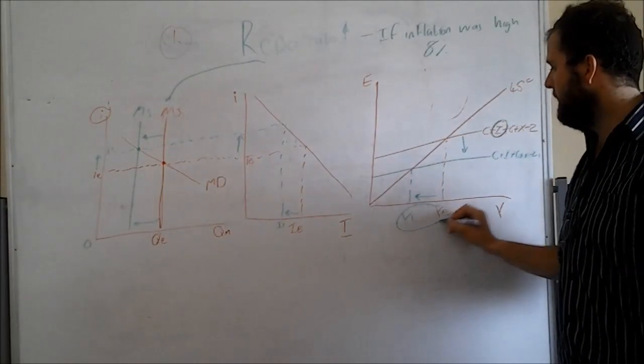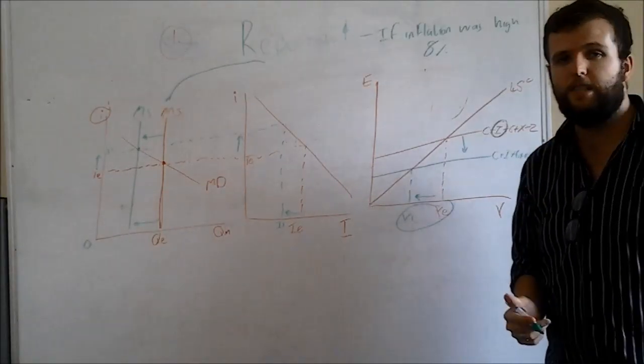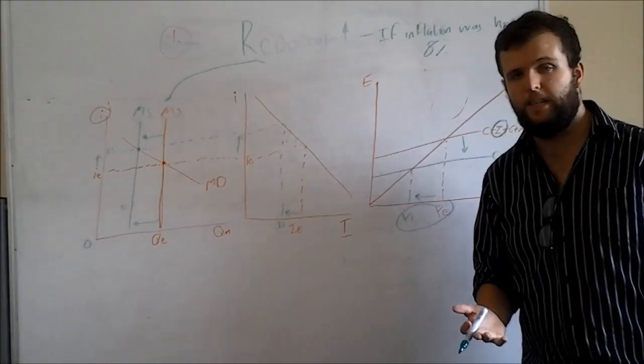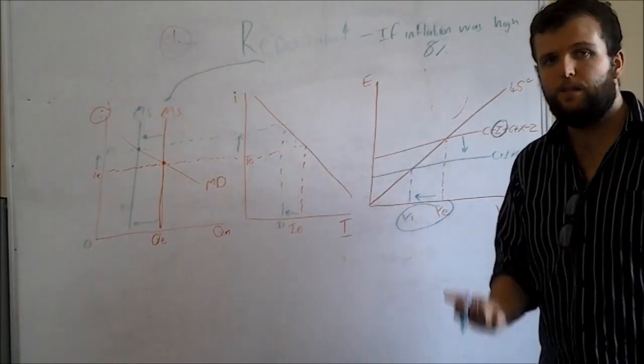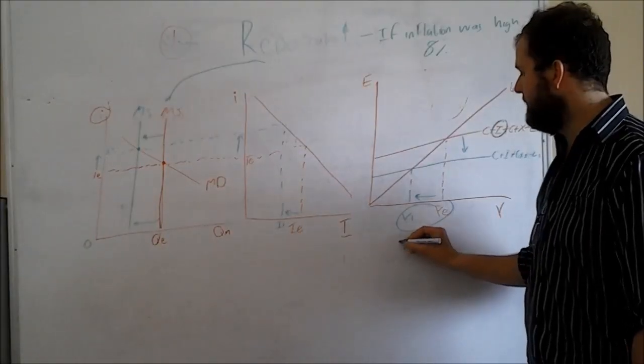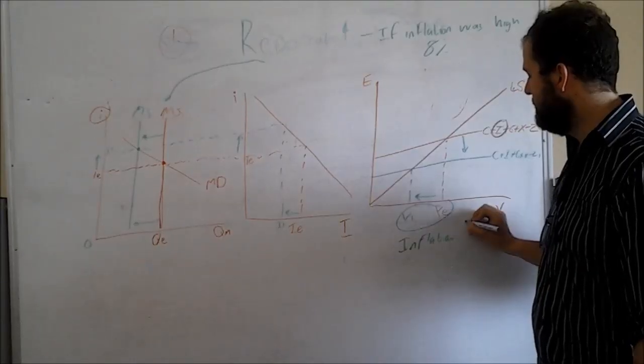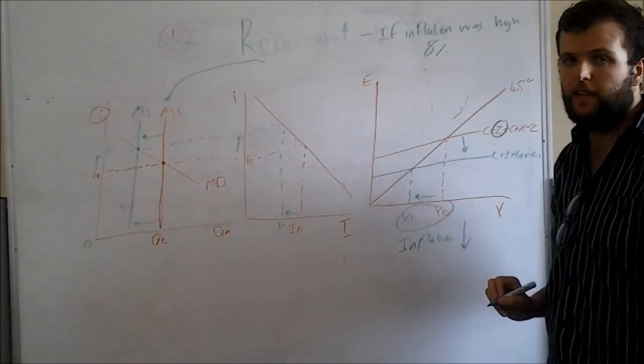if your income decreases, here's very important, if your income decreases, people have less money to spend, so they demand less products, so the price of products will decrease, and thus your inflation would decrease. Okay, so the inflation decreases.